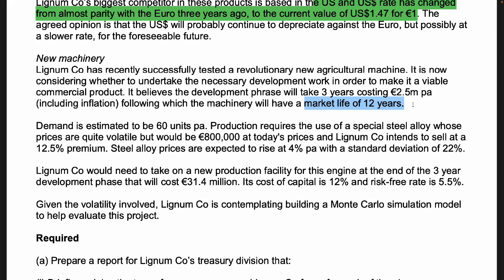So here, the alloy price of 800,000 does not include inflation. The number is excluding inflation. Because it's excluding inflation and it's a single rate, not multiple rates, it makes sense. If it's multiple rates, then you have to do the full cash flow calculation.